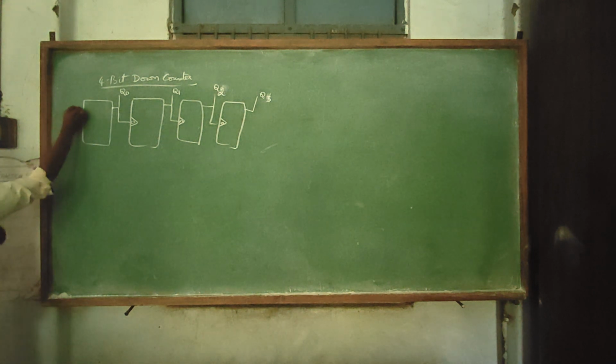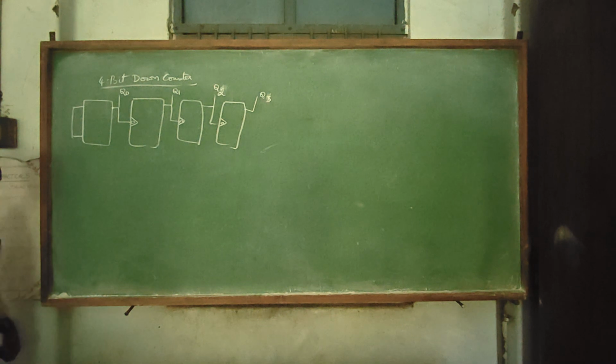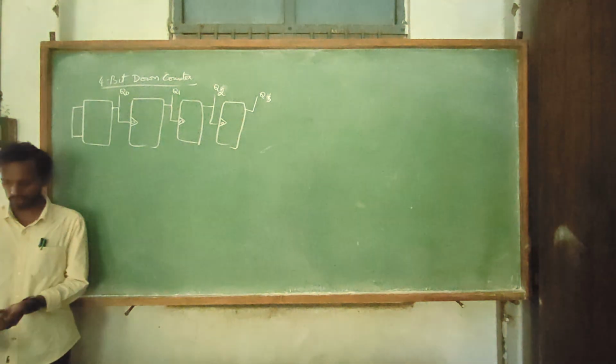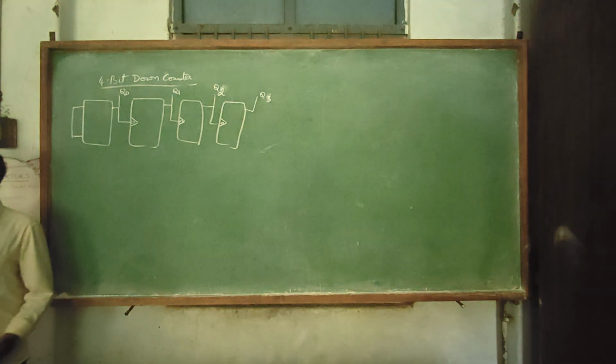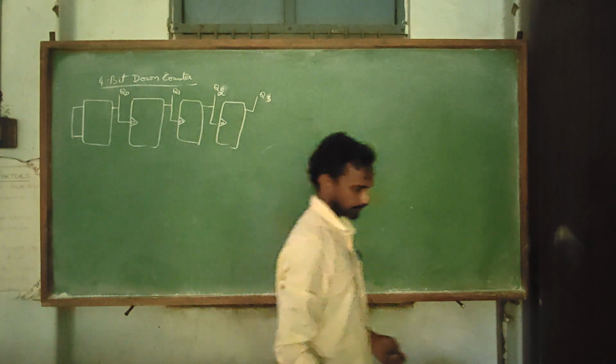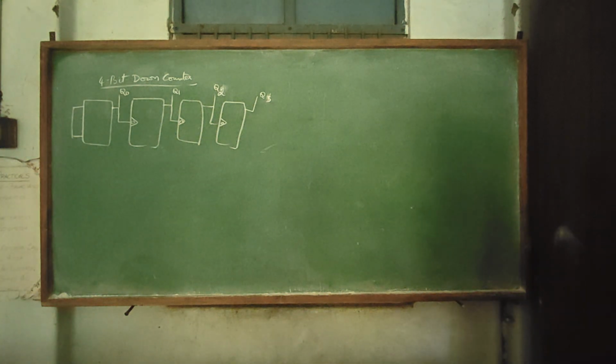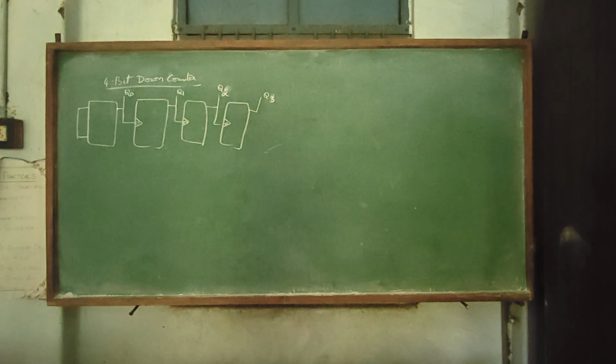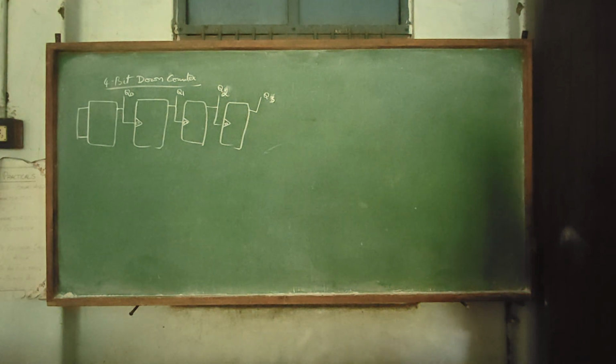So here we are taking either a JK flip flop with both inputs maintained at 1, or a T flip flop, and the input should be high. Right.